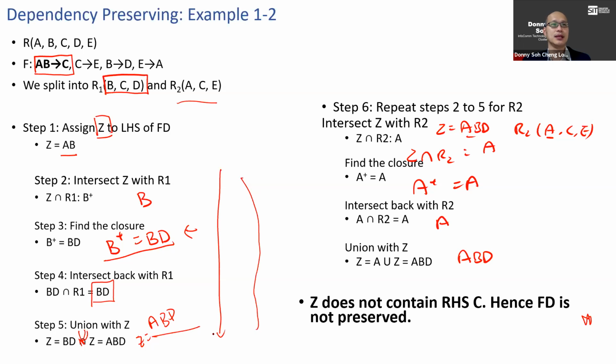That is why I can stop here, and I can then declare that Z does not contain the right-hand side, which is the value of C. And so this FD is not preserved.